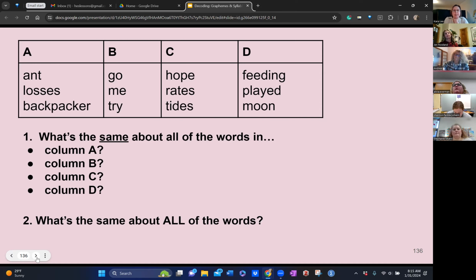They all have a base. And how many syllables is the base? All of those words has a base, at least one base. Thank you, Stephanie. Yes. All of these words have one syllable base elements. Very good.